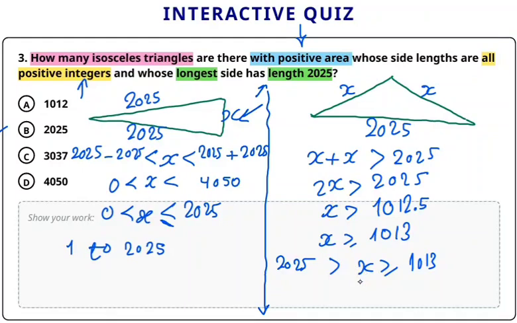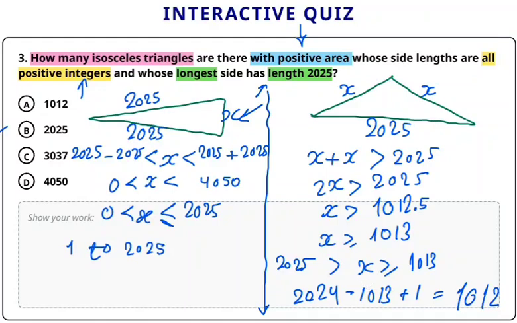To find how many numbers for x, you can do it like this: x is less than 2025, so I'm going to start with 2024. 2024 minus 1013 plus 1. So the answer is 1012. So there are 1012 possible values for x.